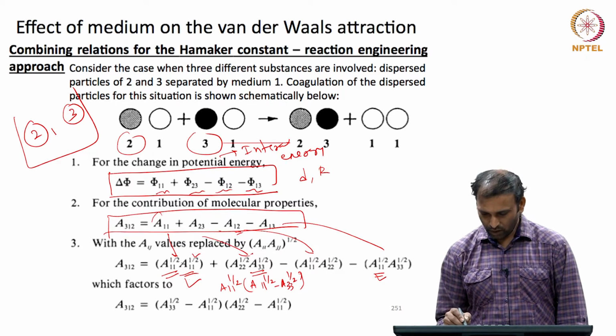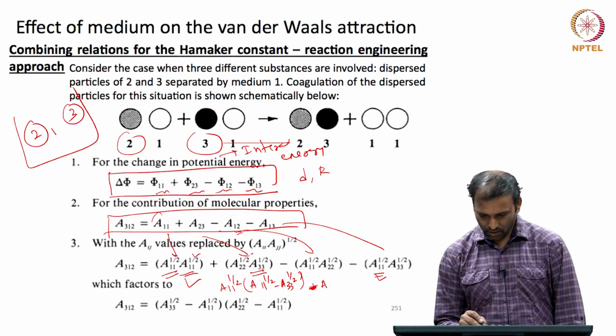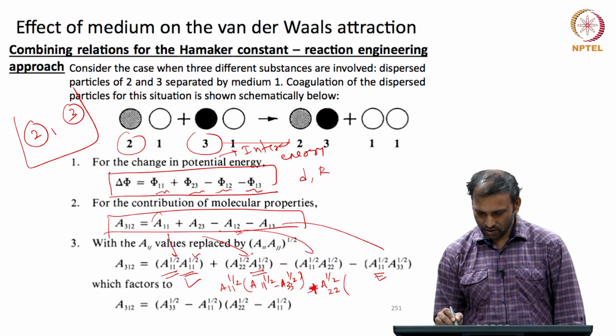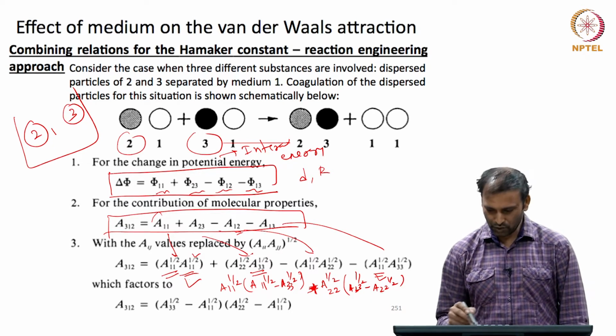Now, what is common here is A22, I take plus A22 to the half, multiplied by A33 to the half minus A22 to the half. Is it okay with these two terms?